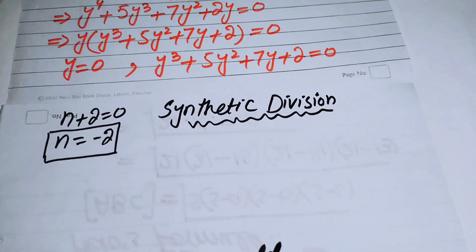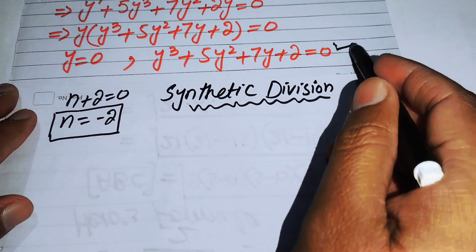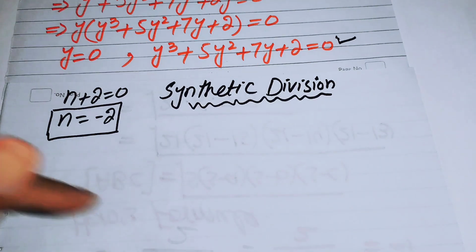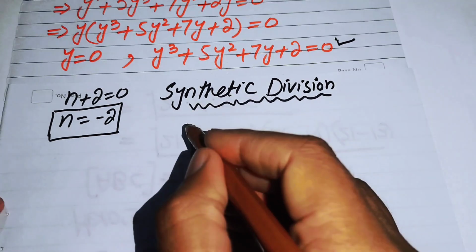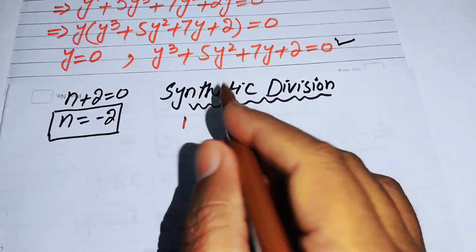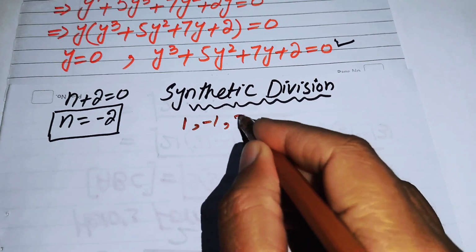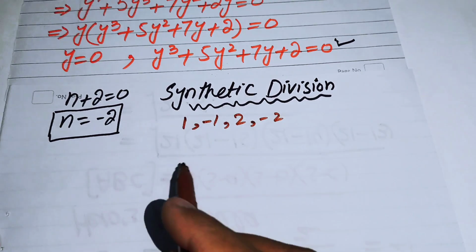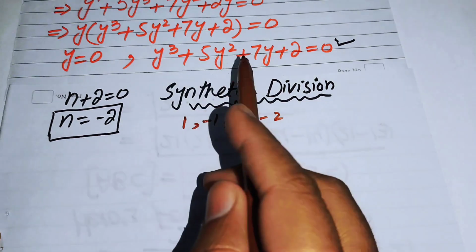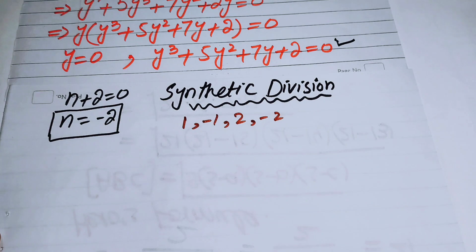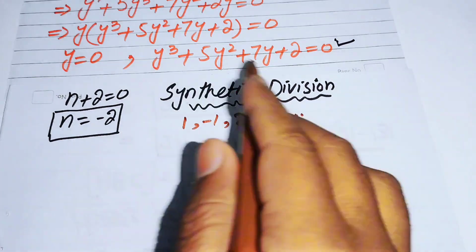First you will find a factor of this cubic equation by inspection, so you put the values here. First you can put 1 and check that. After that you put minus 1, and you put 2 and minus 2.